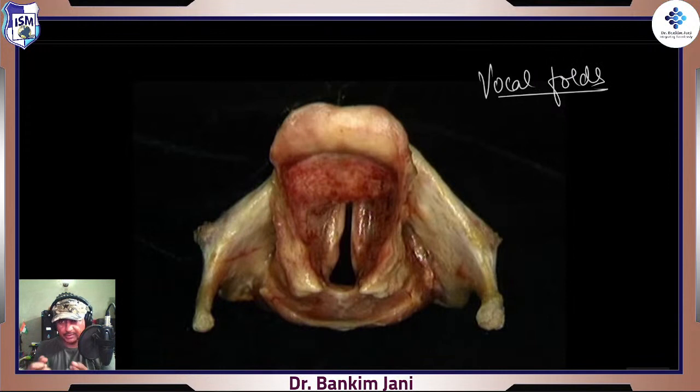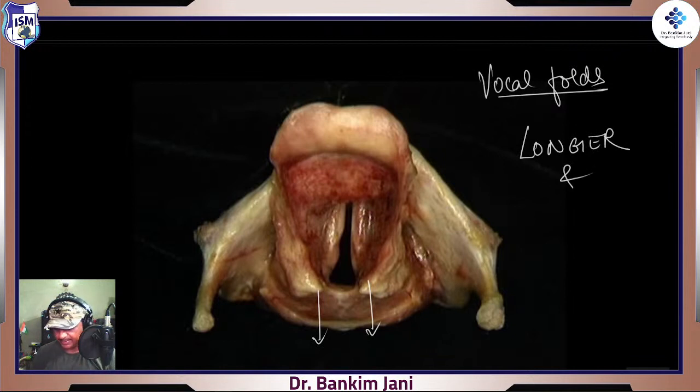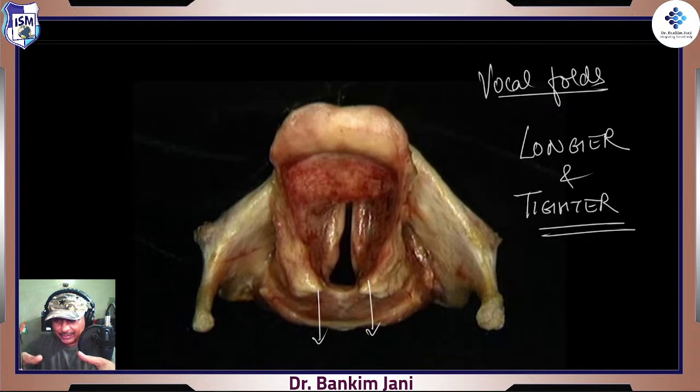And when they fall back, the vocal folds, or the vocal ligaments, will be tightened up because this thing will go back. So they will become longer and tighter. See how interesting it is, because there was the muscle.